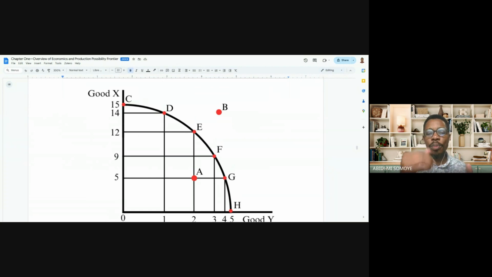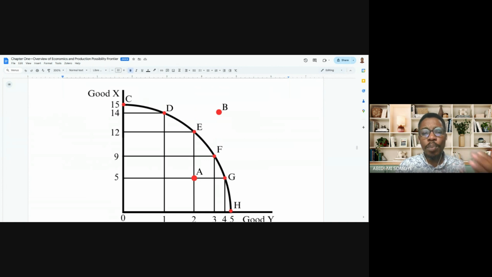But remember that we said efficiency can be productive, Pareto, or allocative. Every point on this curve, C, D, E, F, G, H, is productively efficient.